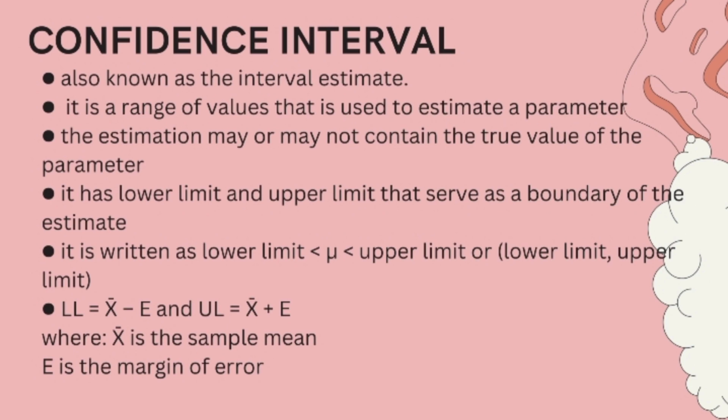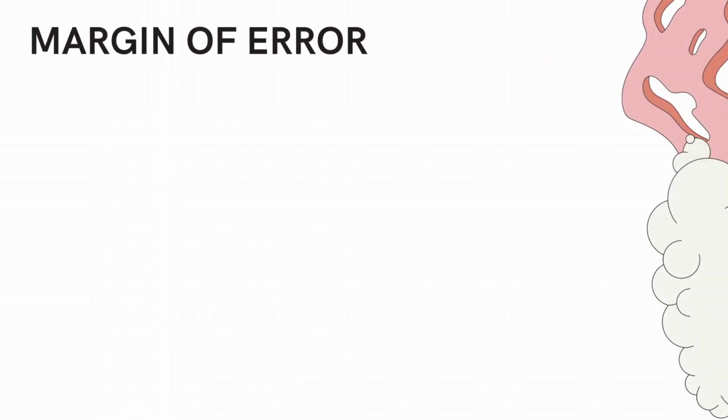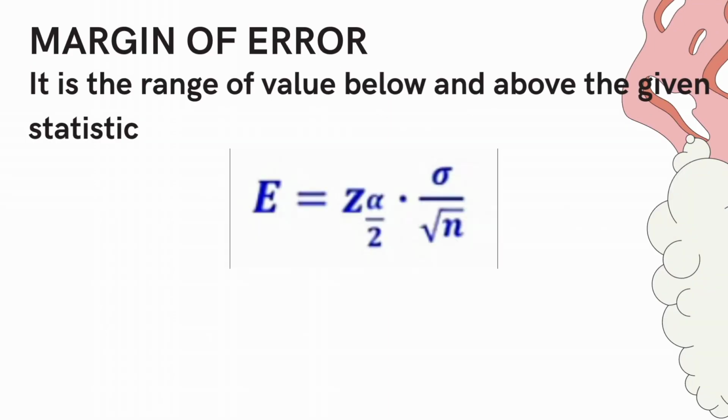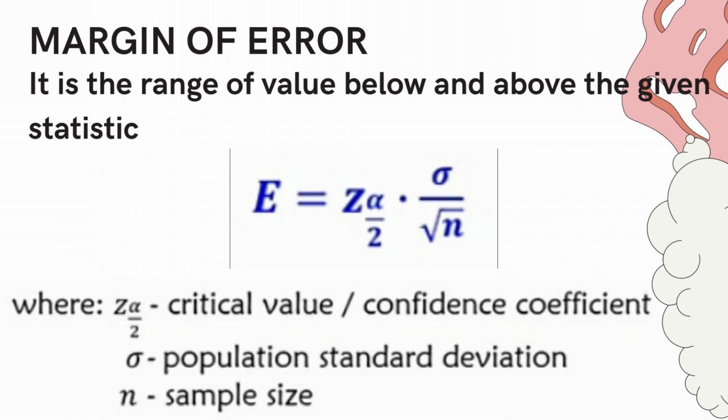So what is margin of error? Margin of error is a range of values below and above the given statistic. Here is the formula. z sub alpha over 2 is a critical value or confidence coefficient, sigma is the population standard deviation, and n is the sample size.